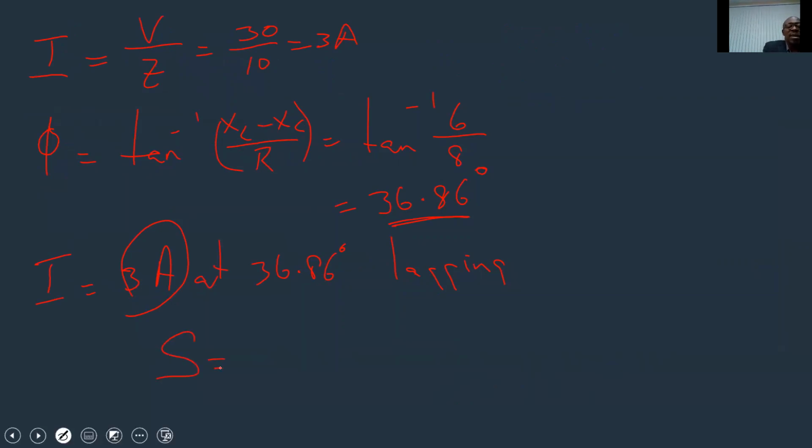So we can now determine our apparent power. S is equal to voltage times current, and that gives us 30 times 3, which is 90 volt amperes. Now, we were also asked to find the active power and the power factor.